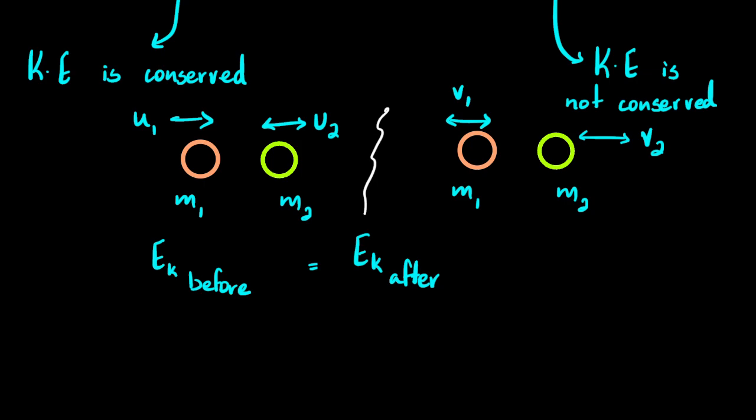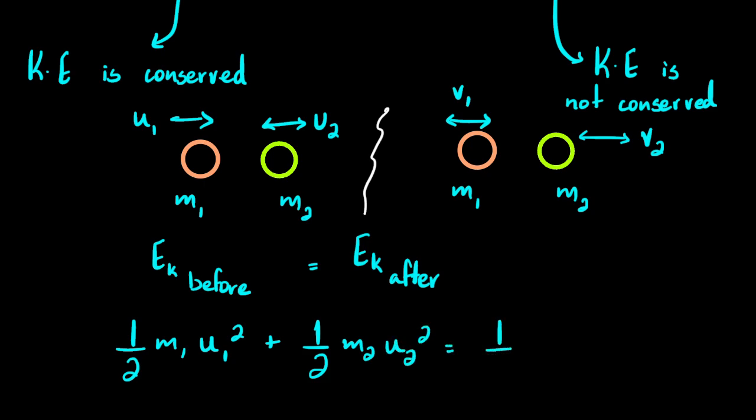So the kinetic energy of all of these particles on the left must be equal to the kinetic energy of all the bodies on the right. So half m1 u1 squared plus half m2 u2 squared should equal half m1 v1 squared plus half m2 v2 squared.